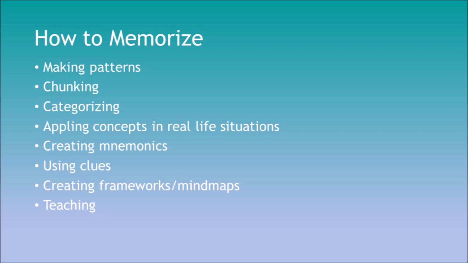Next strategy is using clues. If you have a group of similar things or diseases to memorize, try to look for clues that differentiate one from the other. Develop mnemonics or memory hooks to remember those clues. Next strategy is to create frameworks and mind maps.